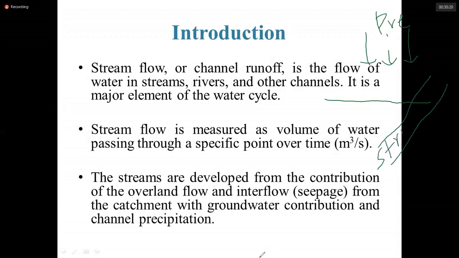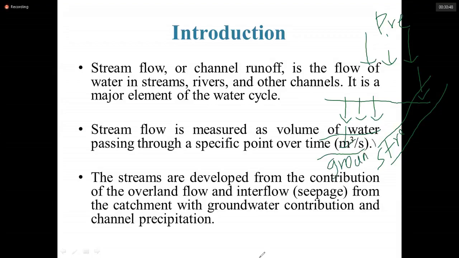So this stream also directly gets water from the precipitation, and once the precipitation reaches the land it will go inside. In the last lectures we studied about infiltration. So the water infiltrates, passes through and meets the groundwater.